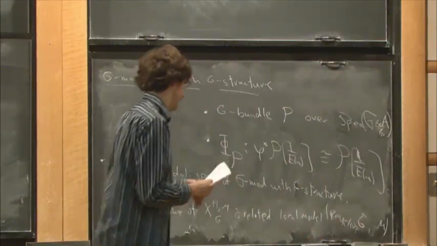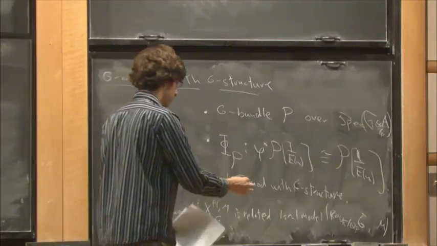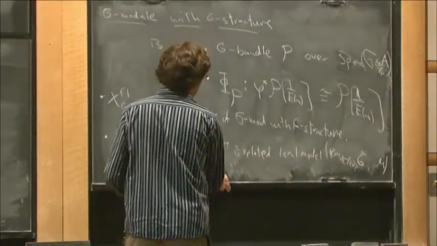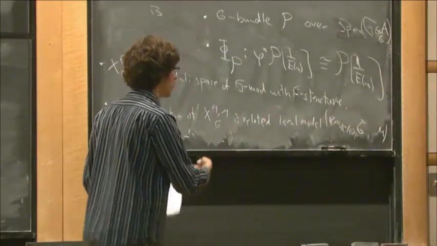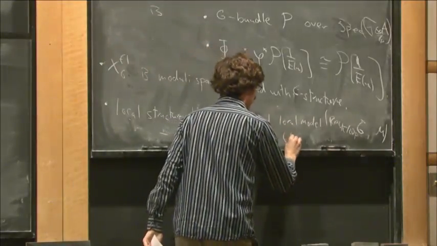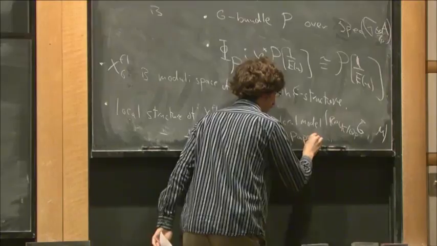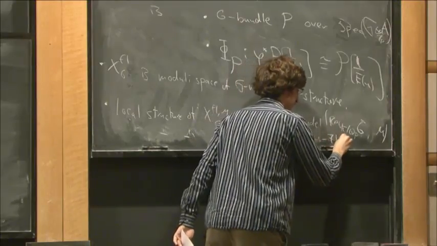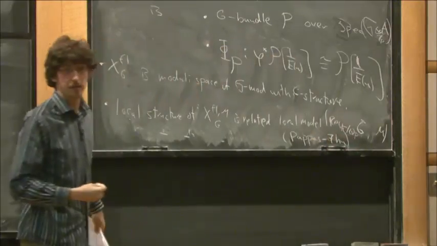The definition of such a local model is related to, so local models were only recently defined in this generality, and that's due to Pappas and Zhu. Right, so this is a local model in the sense of Pappas–Zhu.